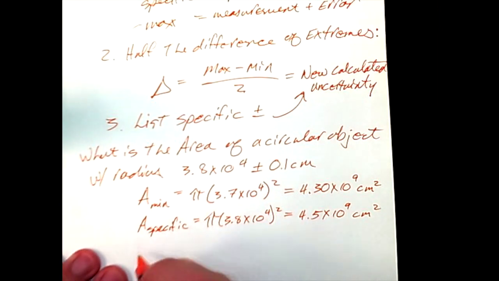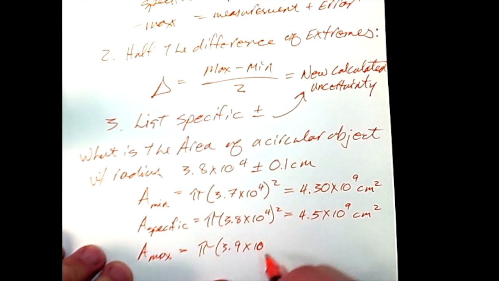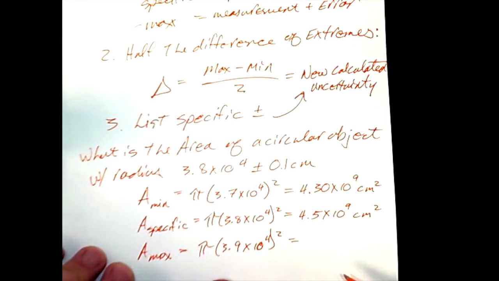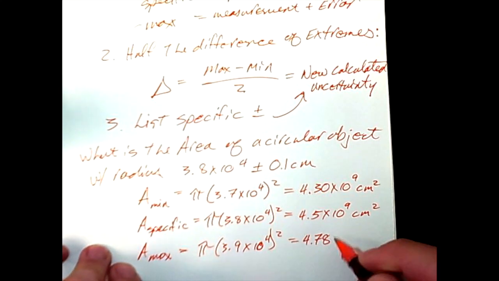And of course, finally, the maximum is going to be pi times 3.9 times 10 to the fourth squared, which I believe gets us 4.78 times 10 to the ninth centimeter squared.